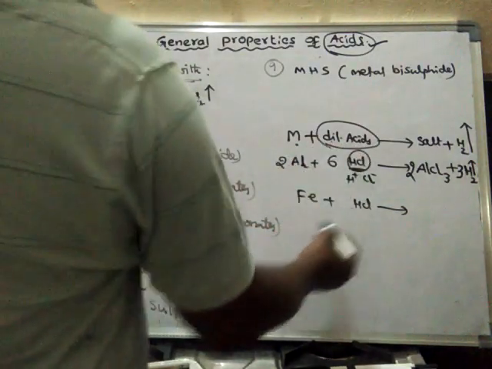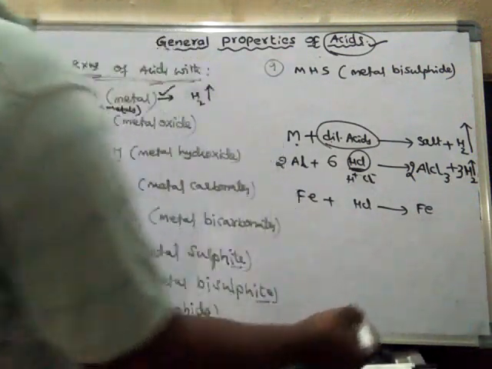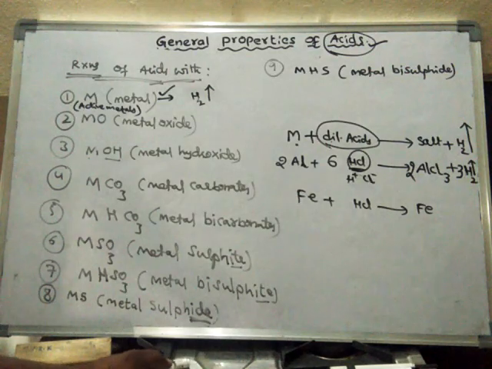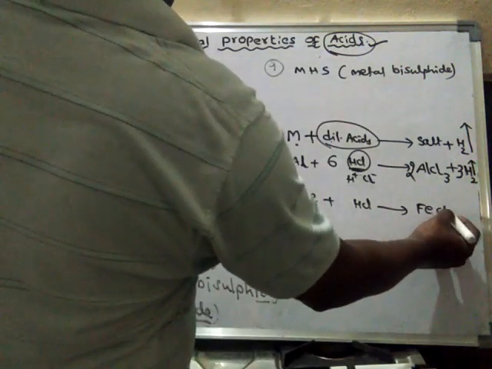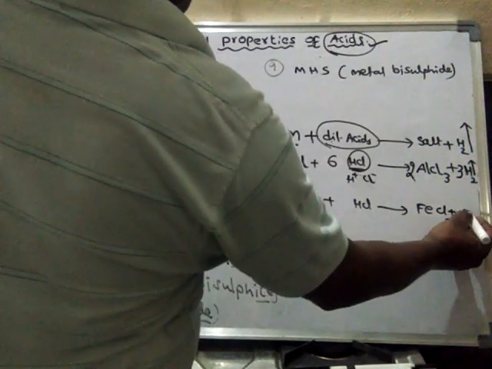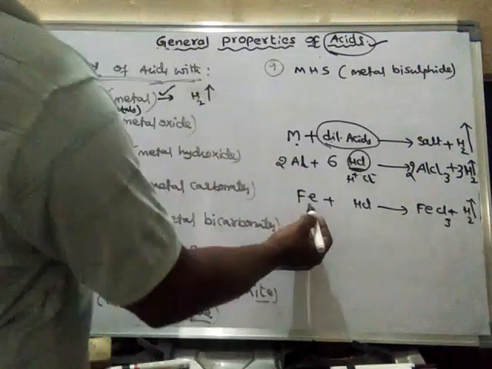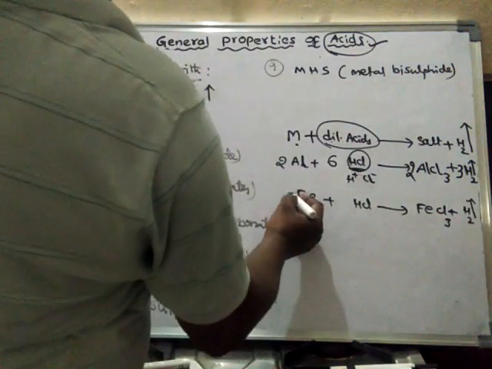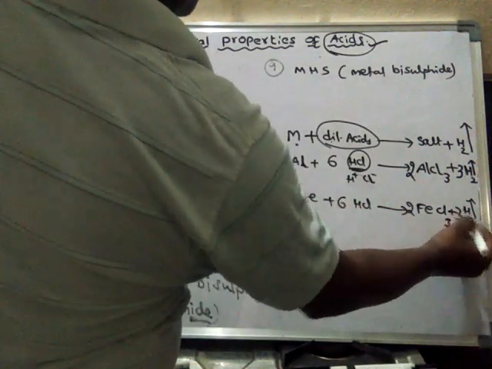What happens? It forms iron chloride, FeCl2, plus hydrogen gas is liberated. Same way, 6, 2, 3.